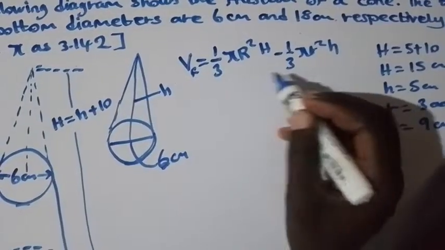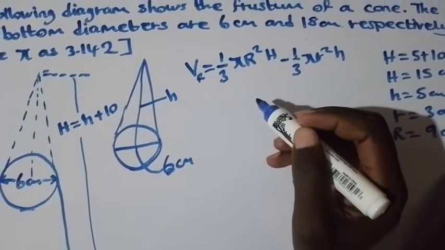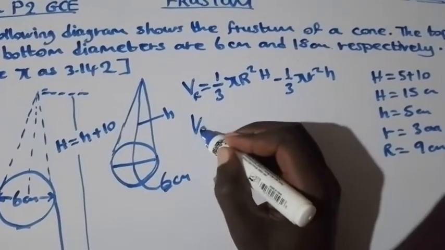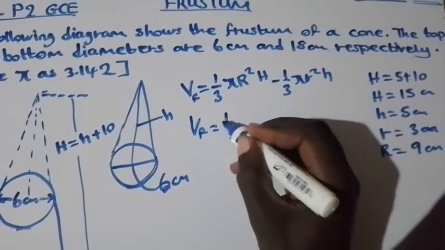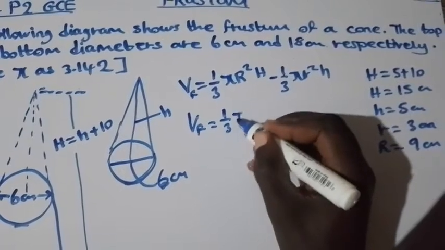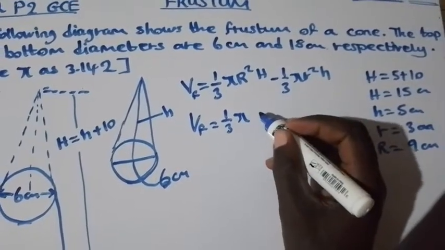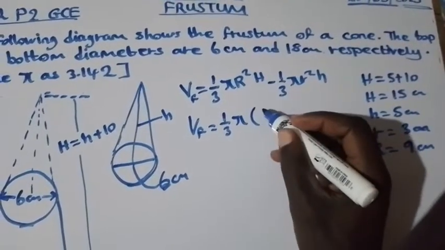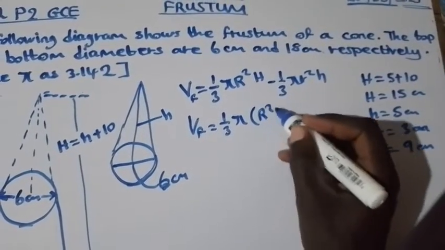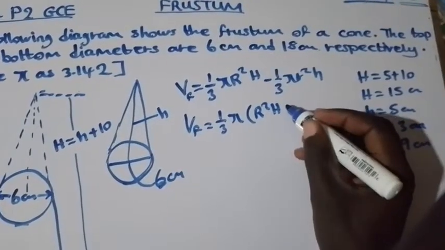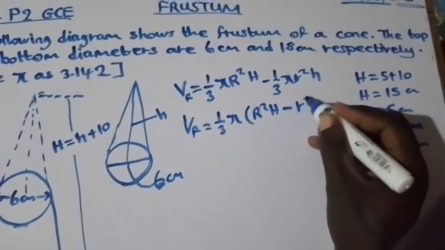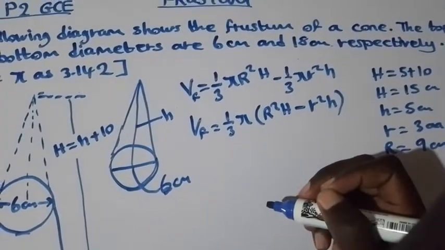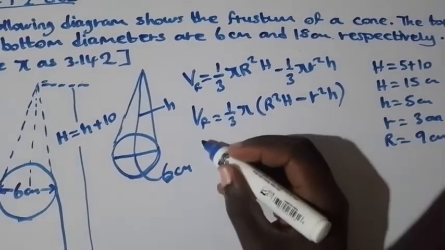Now if we factorize what is common here, our formula will be volume of the frustum equal to 1/3 pi open brackets R squared H minus r squared h. That's the formula we are going to apply.